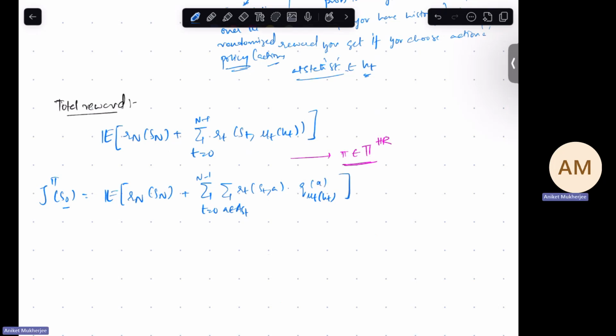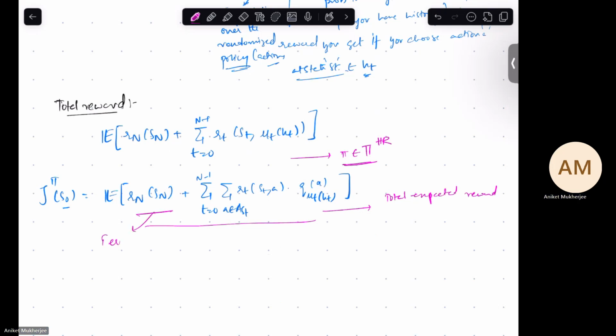So this is your total expected reward, where you have the terminal state reward and the stage wise expected reward.